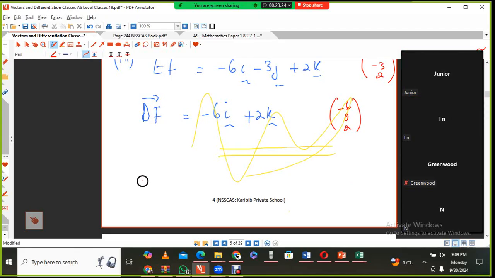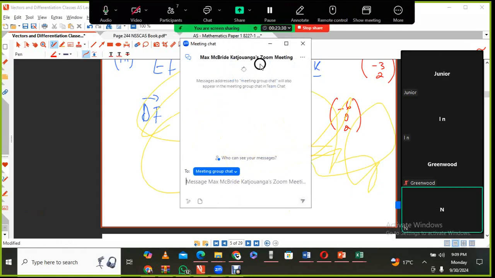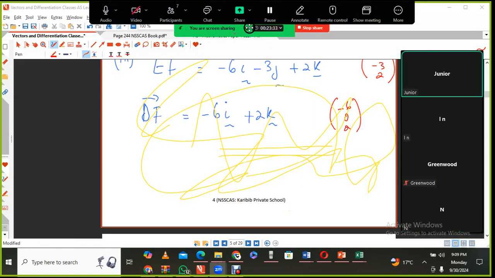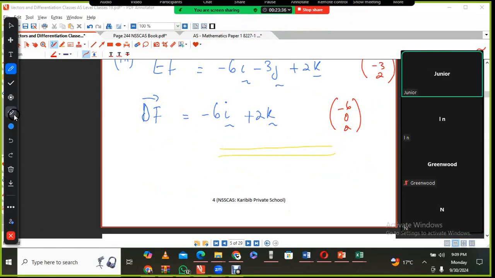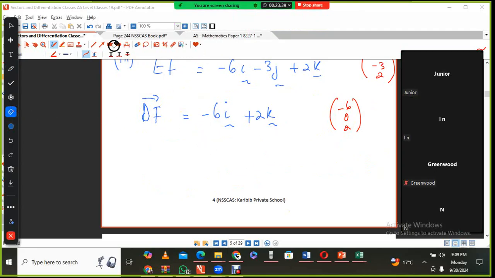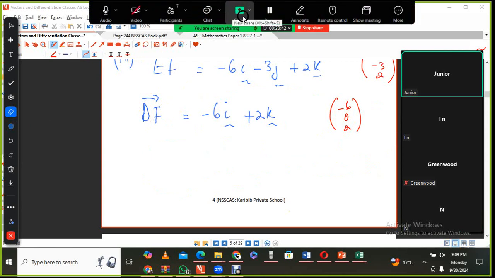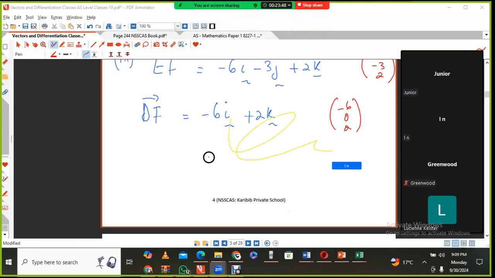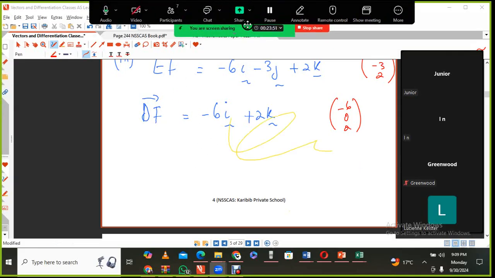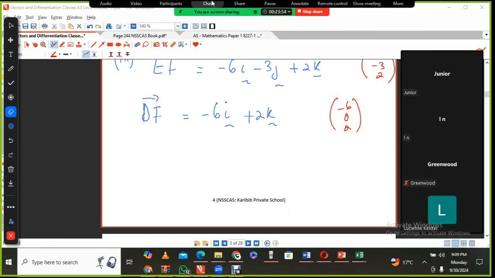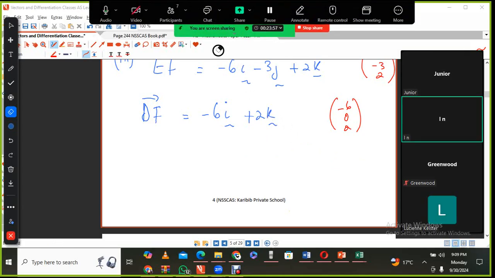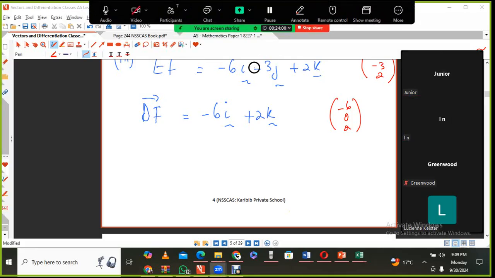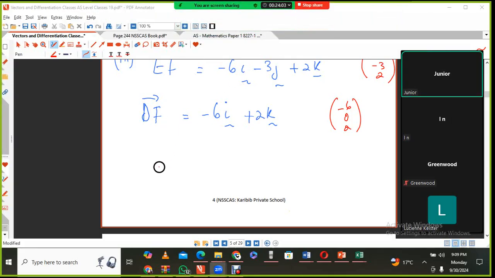Go to your annotations and remove them. Okay, Natalia, I removed them. Please don't draw anything unless you want. I will block that annotation.